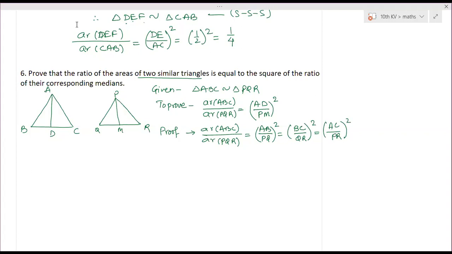Ma'am, we can write area of triangle ABC as half into AD into BC and area of PQR as half into QR into PM. But these are medians, Sharad. So how will you write half into base into height? These are not heights. These are medians.